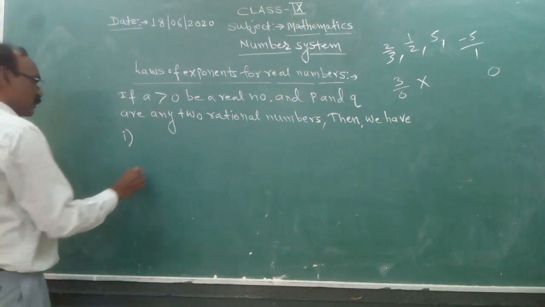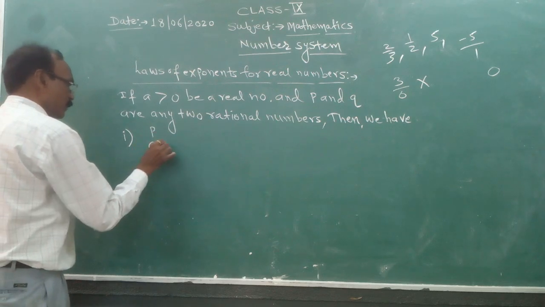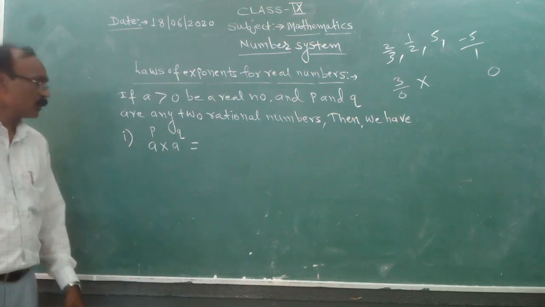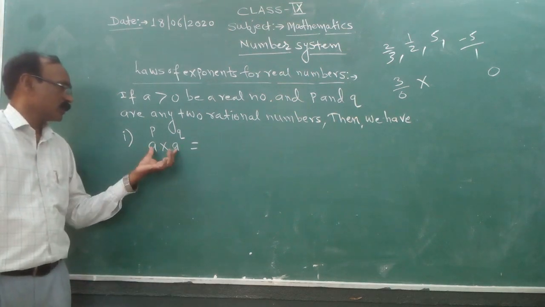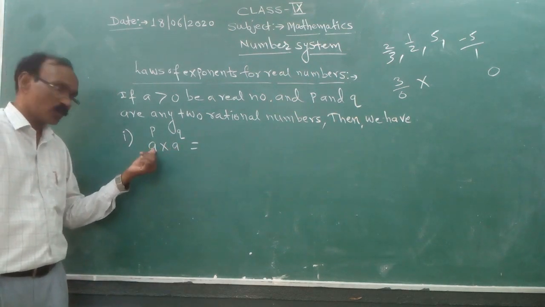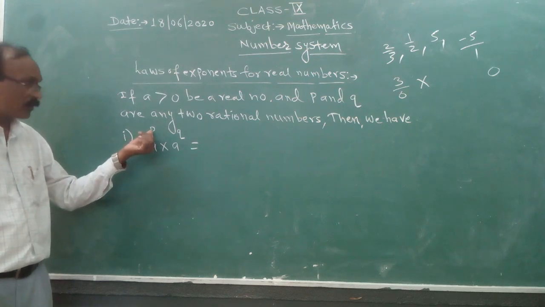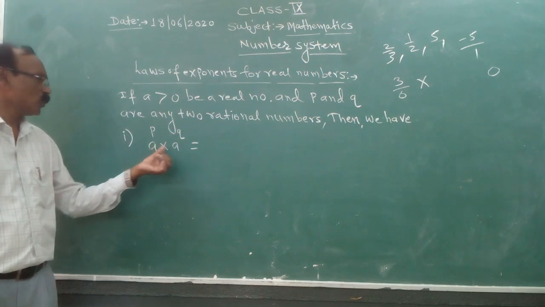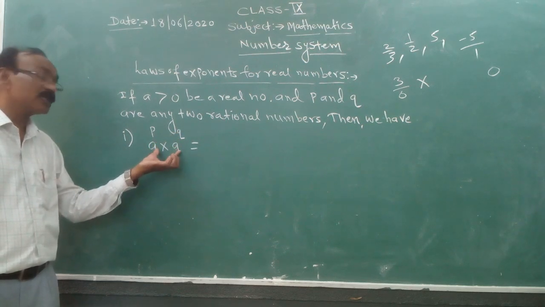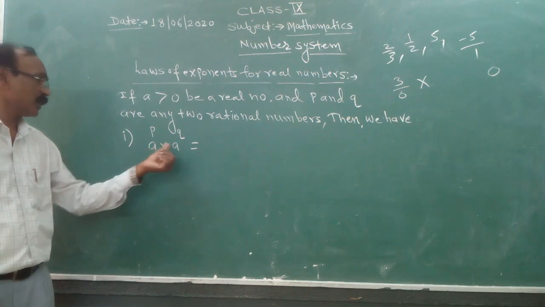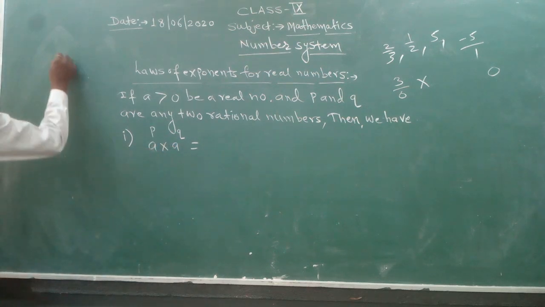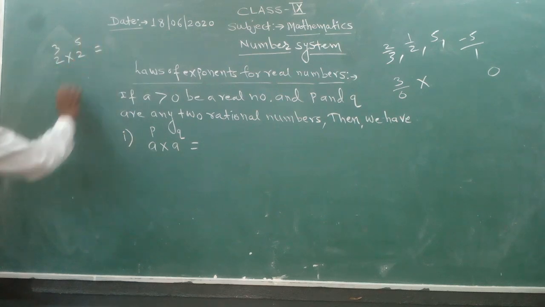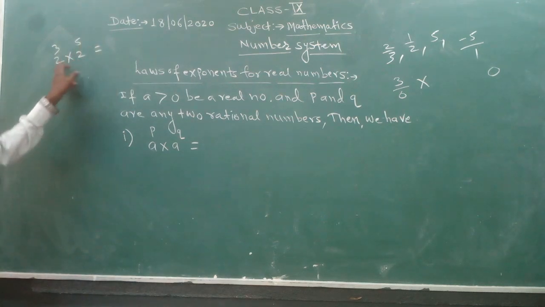First law, that is a raised to the power p into a raised to the power q. Here a is the base, p is its power. यहाँ पर a को बेस, q को पावर. तो दोनों के बेसिस इक्वल. ये बेसिस इक्वल होना चाहिए यहाँ पर. जैसे 2 raised to the power 3 into 2 raised to the power 5. इसको हम सिंप्लीफाई कर सकते हैं क्योंकि बेसिस इक्वल है.